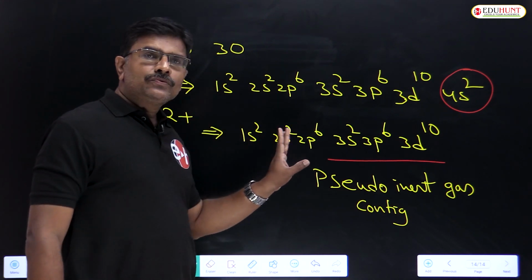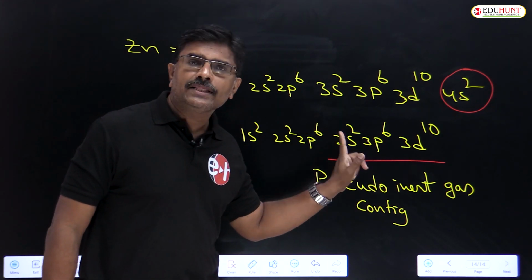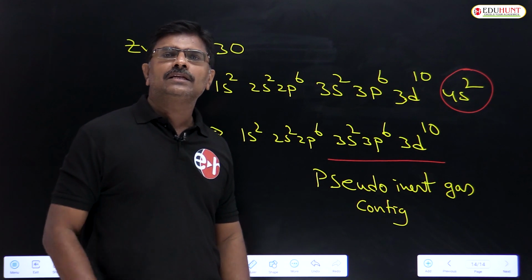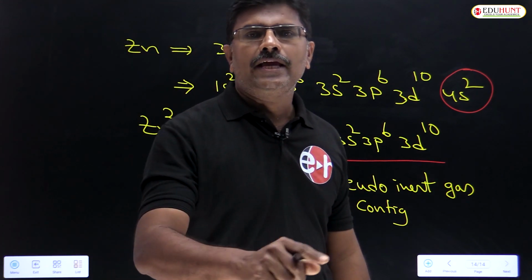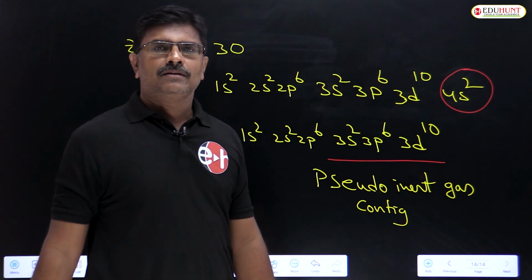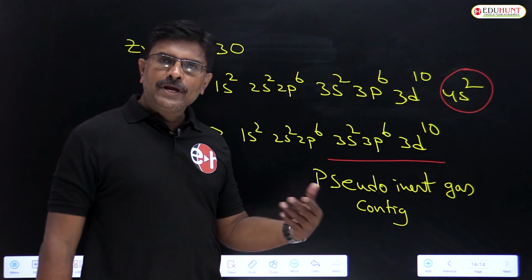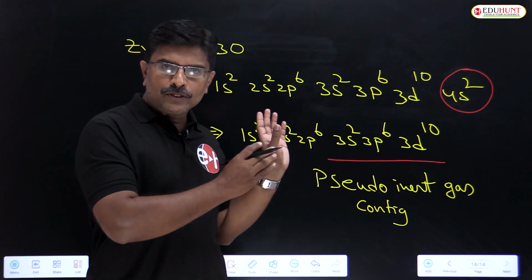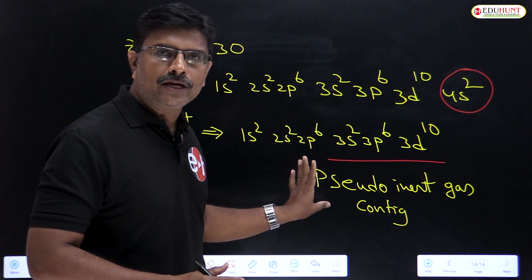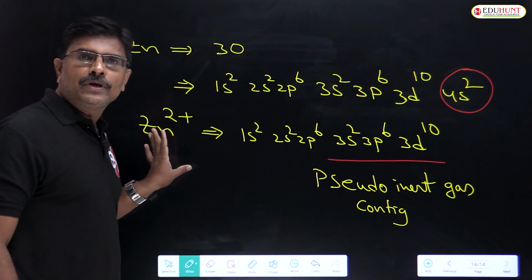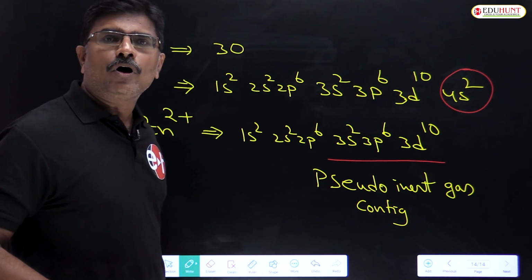The cations possessing this pseudo inert gas configuration are relatively less stable than the cations with inert gas configuration. So that means, out of the two cations that we have considered, the calcium 2+ ion and the Zn2+ ion, which cation is going to be formed easily?